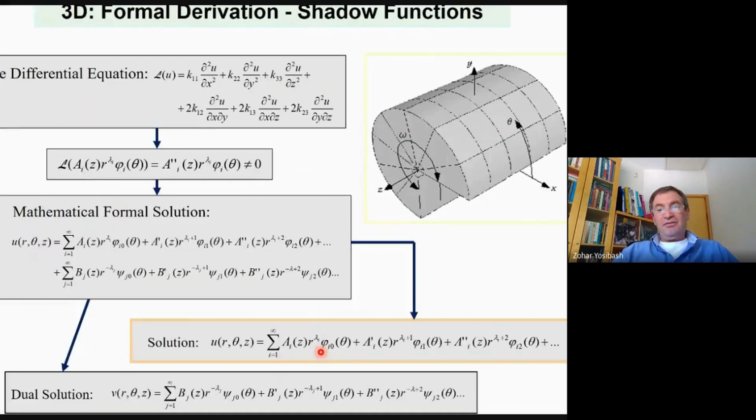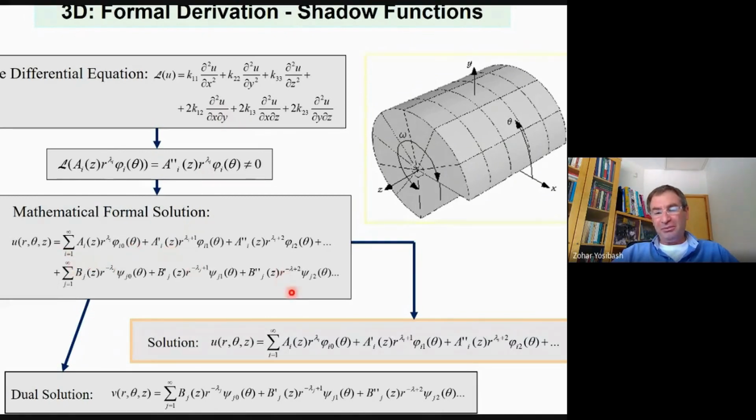So if I am looking at a more complex equation, so it's not really Laplace, otherwise I will not have k12, k13, and k23. This equation is a second order elliptic equation. And if I'm looking at this kind of equations, and I'm trying to find out what will be the solution for such a type of equation, I will get this term here.